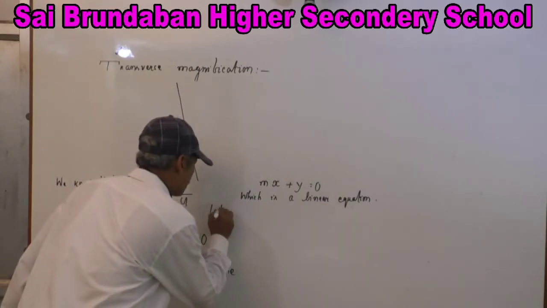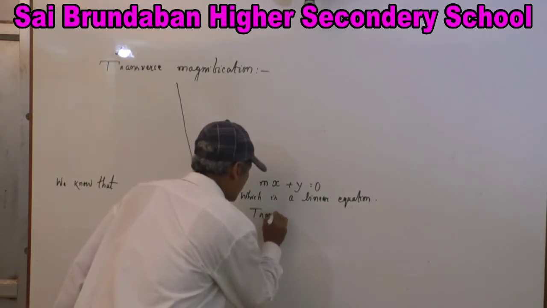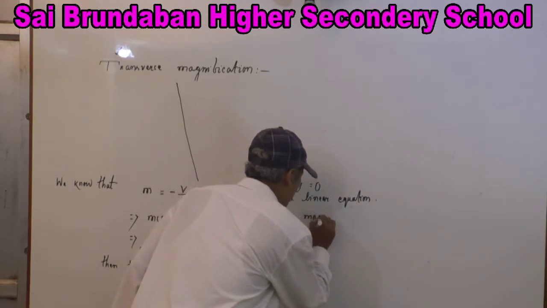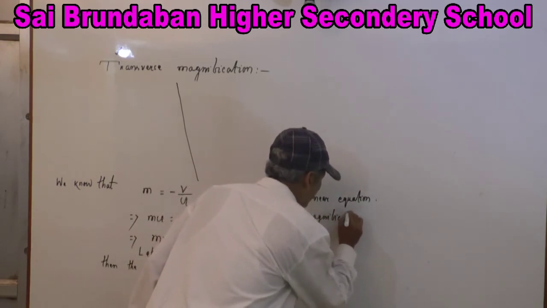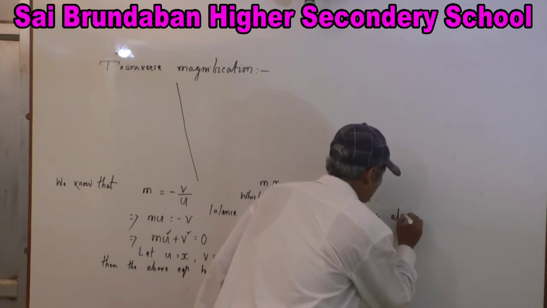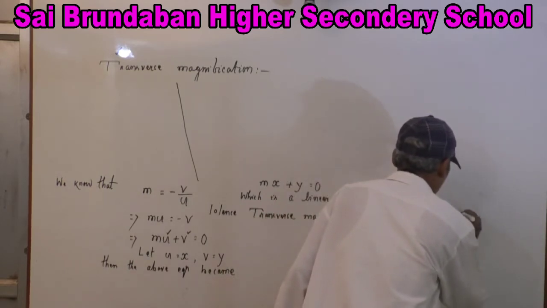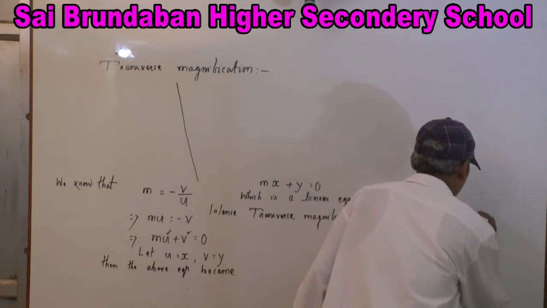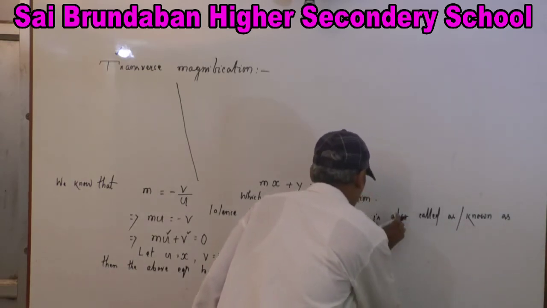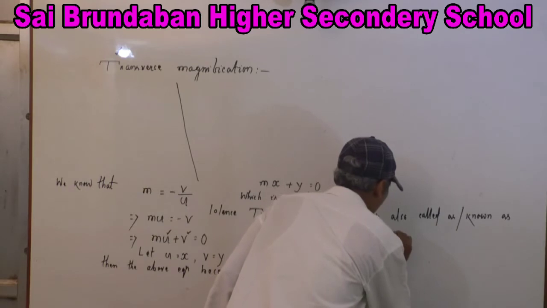Hence, transverse magnification is also known as linear magnification.